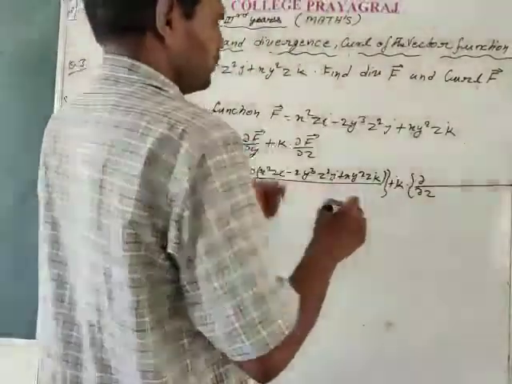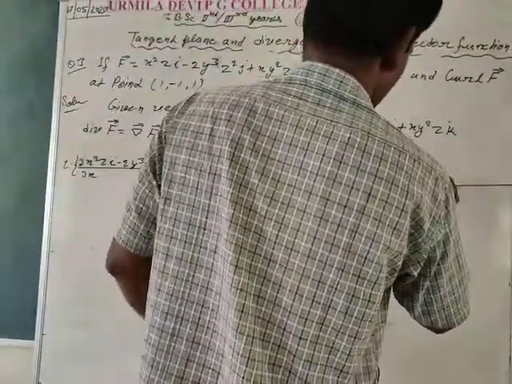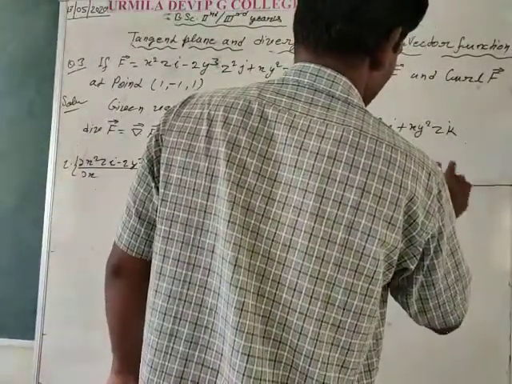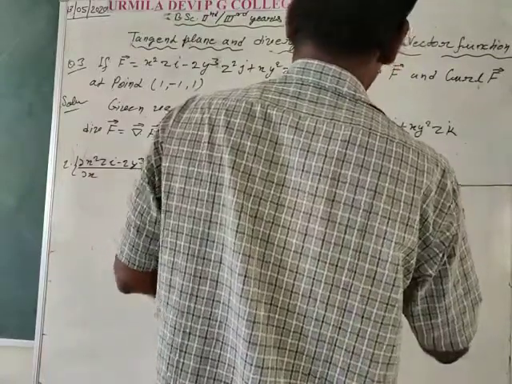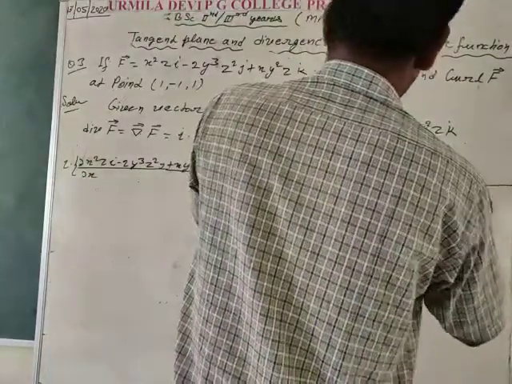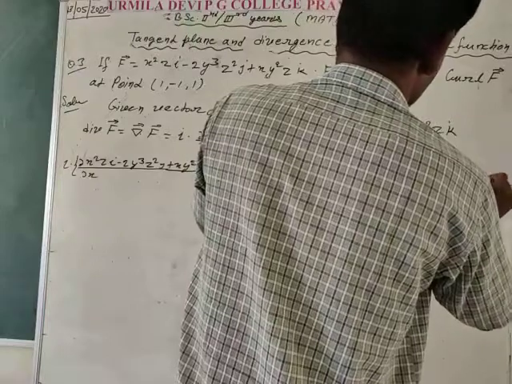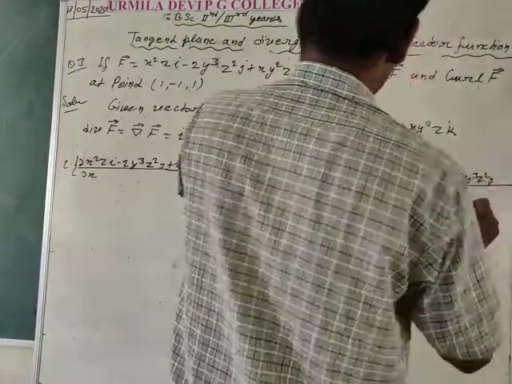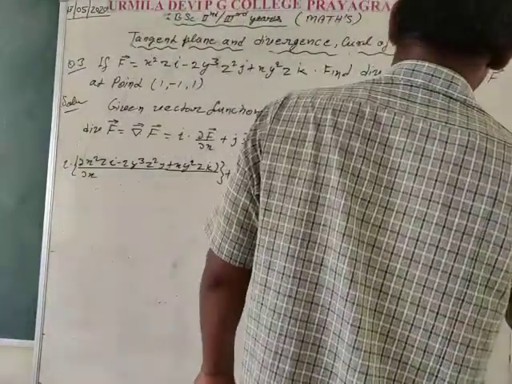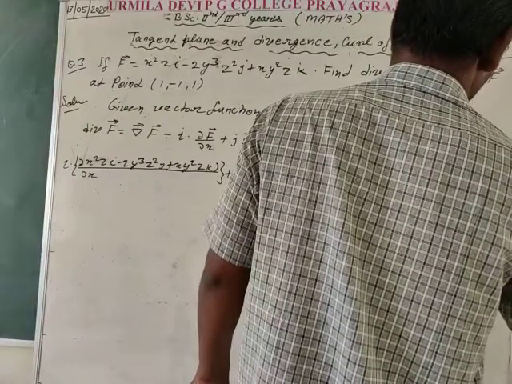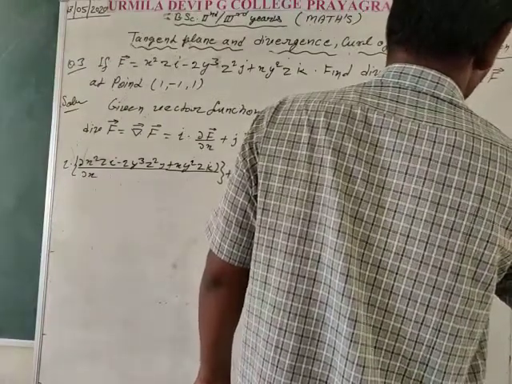Putting the value of f here, x square z i minus 2 y cube z square j plus x y square z k.